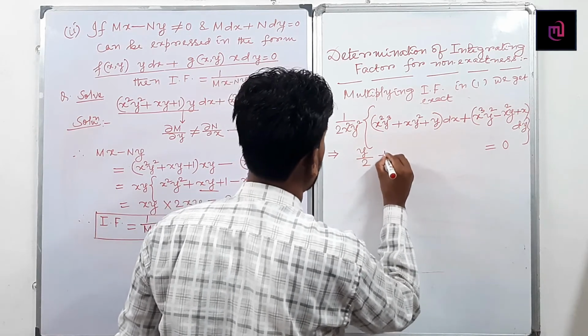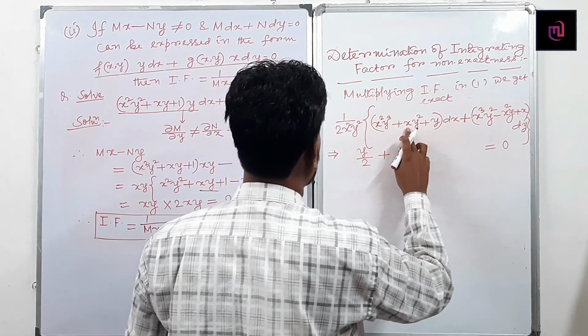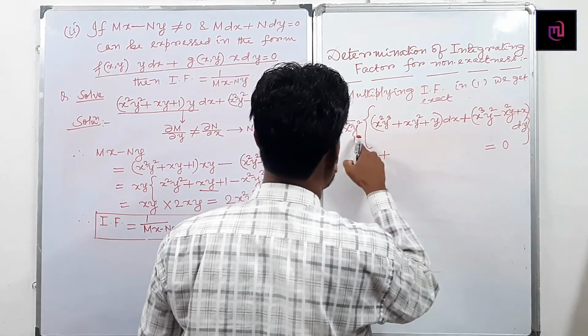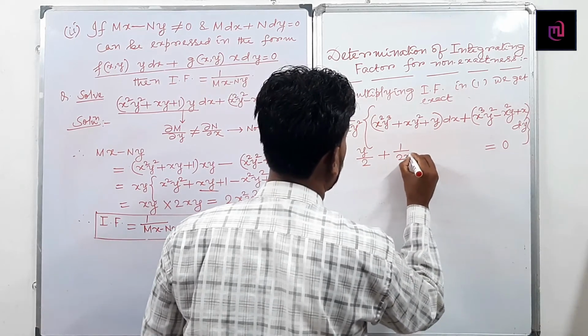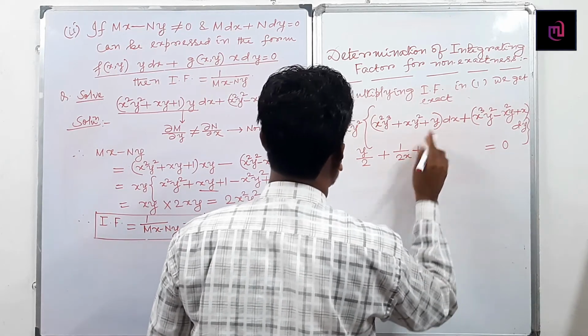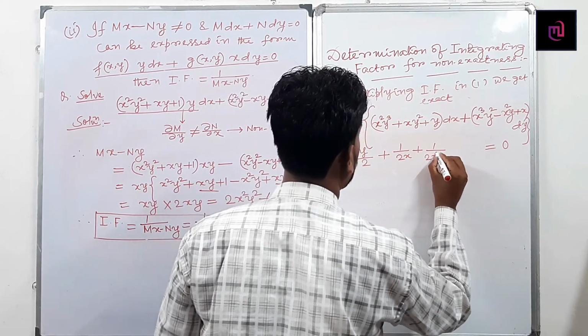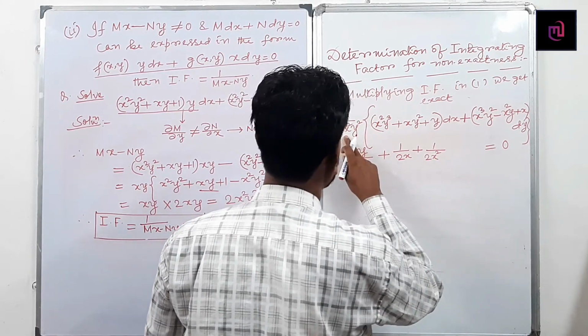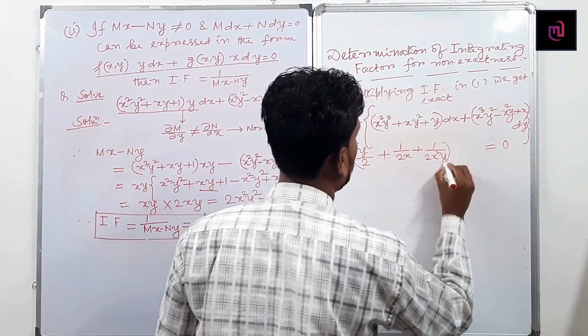Then xy², y² cancels, giving 1 by 2x. Then plus y by 2x²y², that is 1 divided by 2x²y, whole into dx.